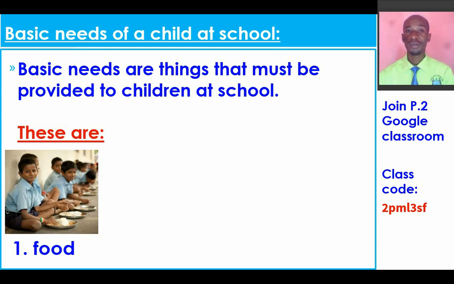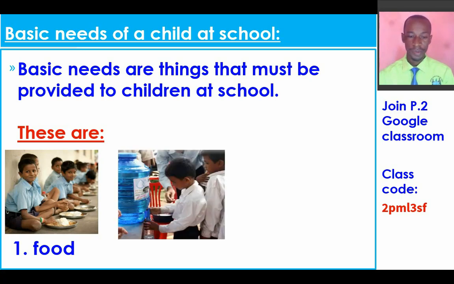But in some other schools, you just have to go back home. Oh, food is brought at school. It will depend upon the way the school comes up with a policy about this. Next, we have water. You are supposed to have drinking water.